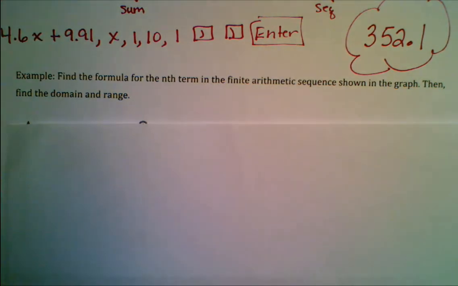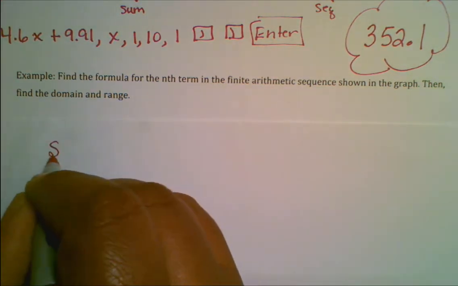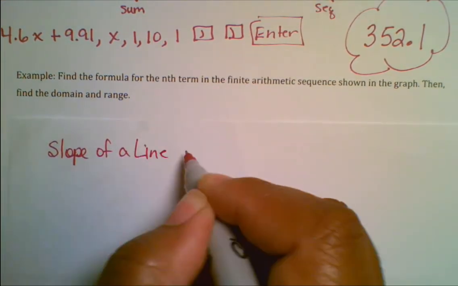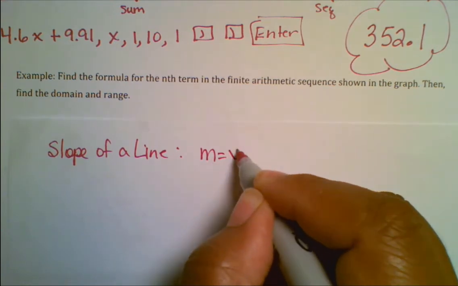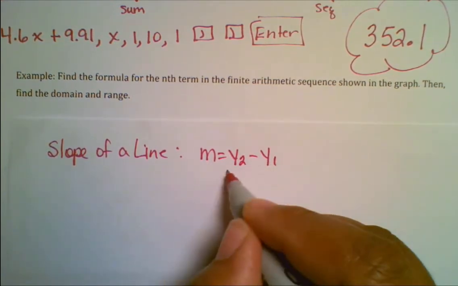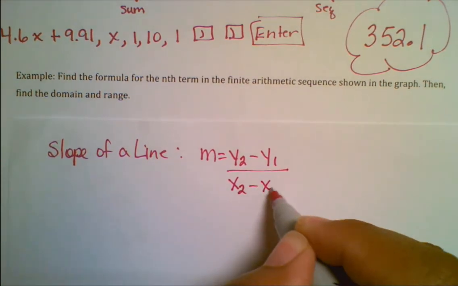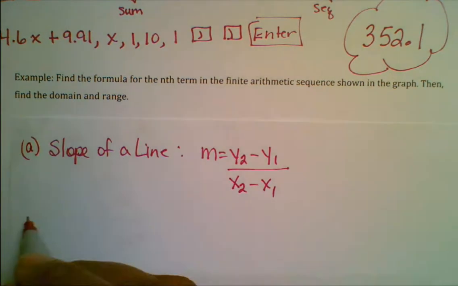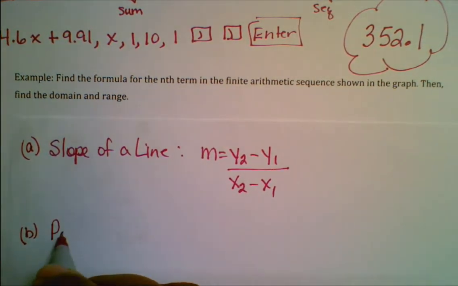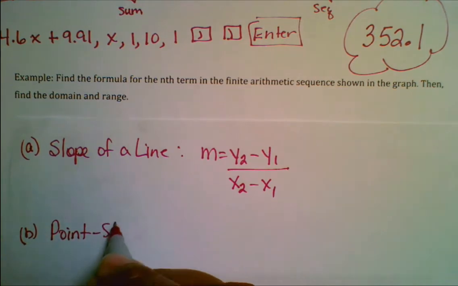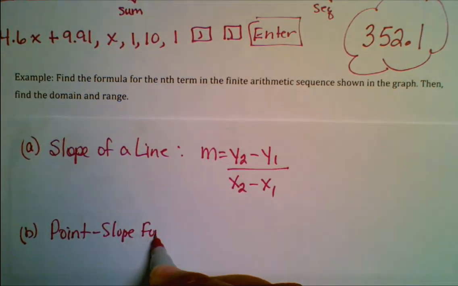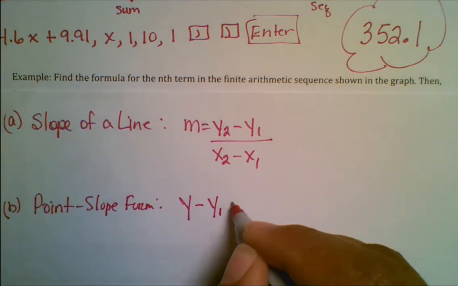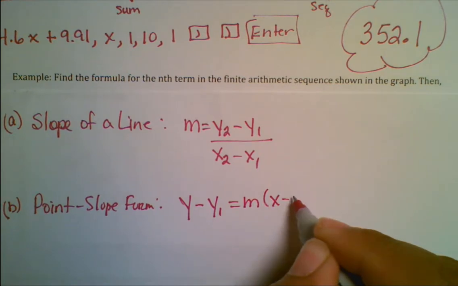Remember, the slope of the line formula is m equals y sub 2 minus y sub 1 all over x sub 2 minus x sub 1. We need that to find the slope in order to use the point slope formula, and that is y minus y sub 1 equals m times x minus x sub 1.